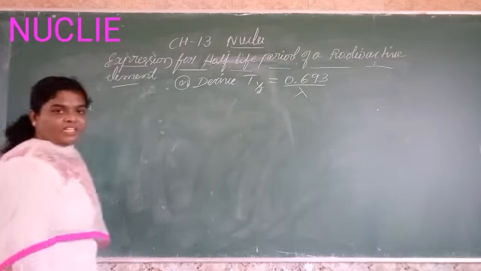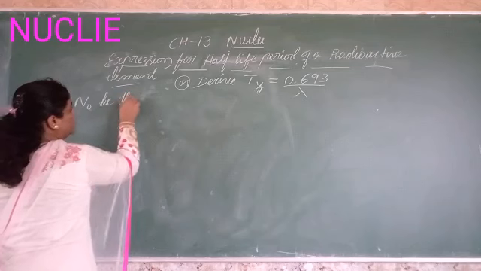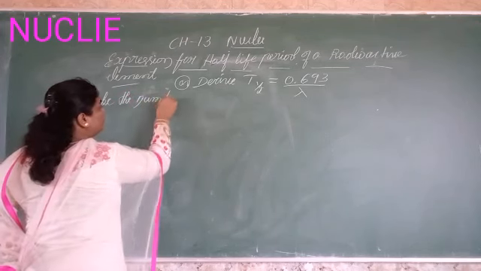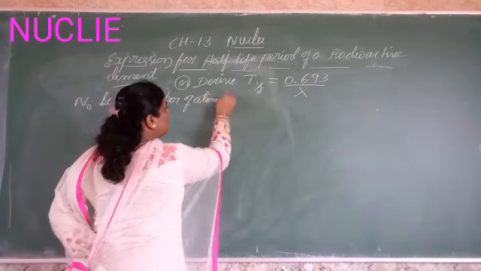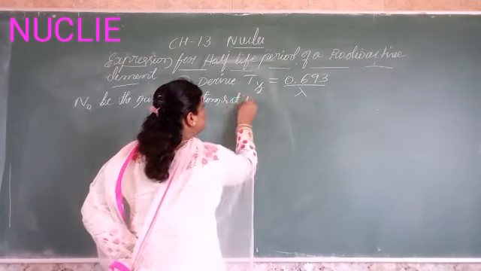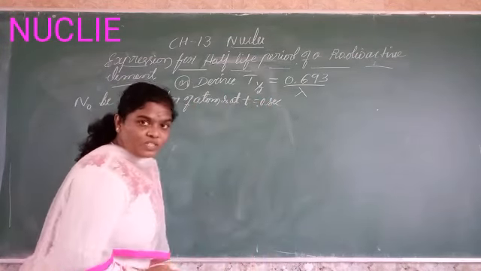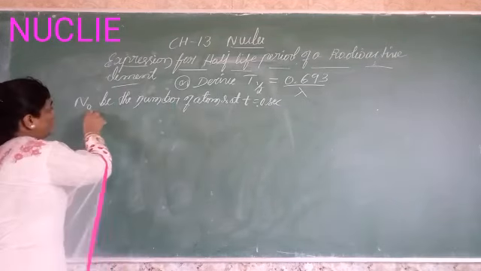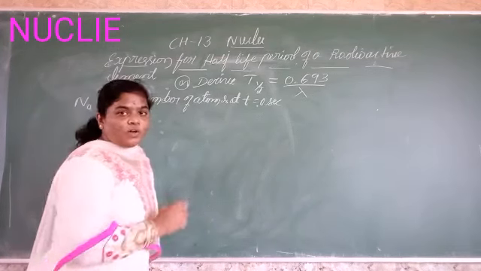N0 be the number of atoms present in a radioactive sample at the time t equal to 0 second. So at 0 second, there are N0 atoms in the radioactive sample.